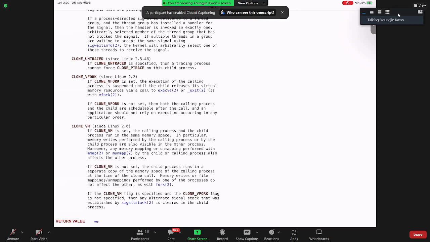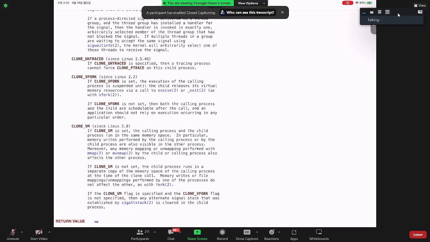If it's not set, they run in separate address spaces, like processes. So you can make some kind of combination where file descriptors are shared, but the address space is different. You can configure that with this clone flag.